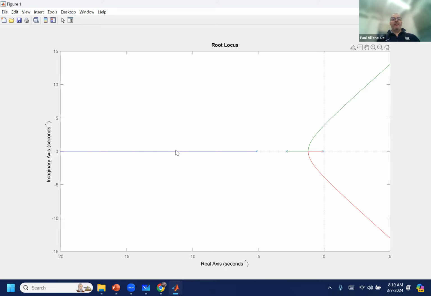Right over here? Yeah. Doesn't matter. Remember the rule about a stable system or not: any pole in the right-hand half plane makes the system unstable. Any pole. So if I have one pole over here, regardless of what's happening over here, it's an unstable system because I have at least one pole in the right-hand half plane. All the poles have to be in the left-hand half plane for the system to be stable.